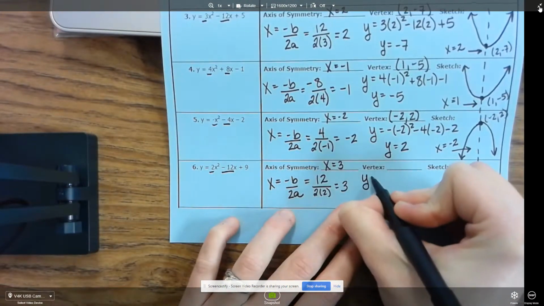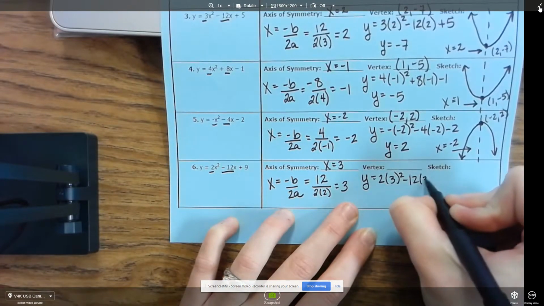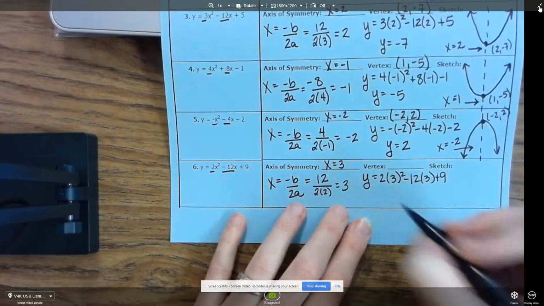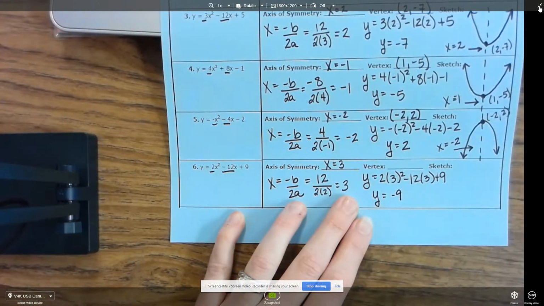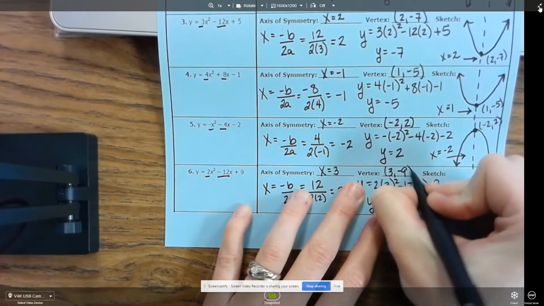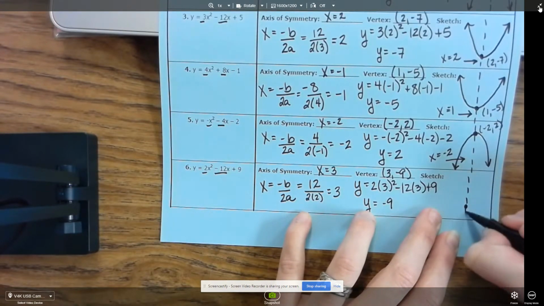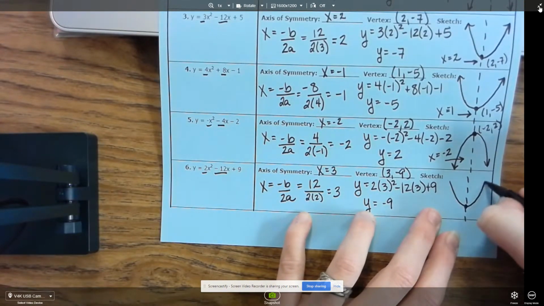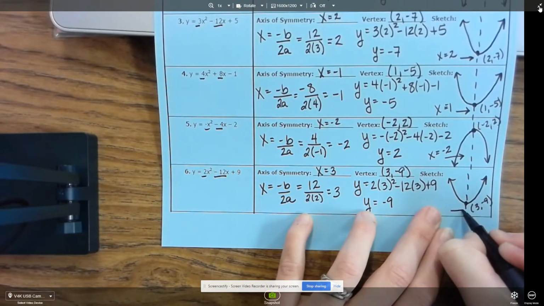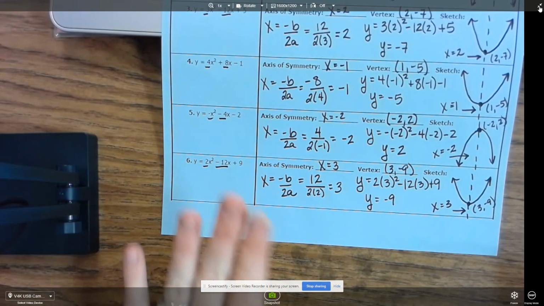And then my vertex is going to equal -9, so it would be at (3, -9). Positive a, so it's going to open up. This point would be (3, -9), and my axis of symmetry is x equals 3. So that's it for this video.